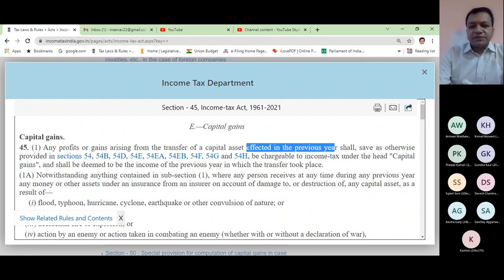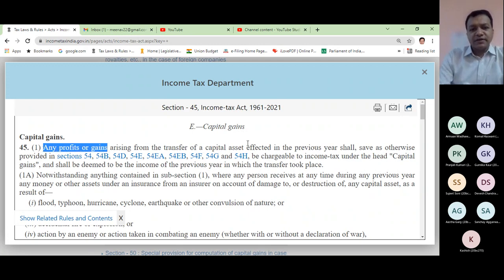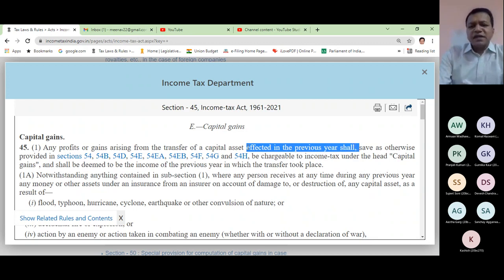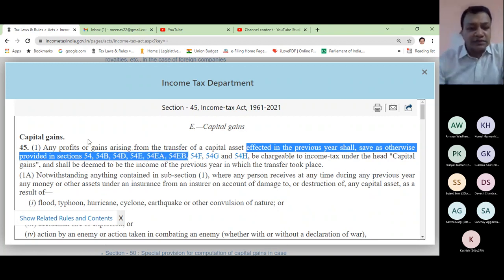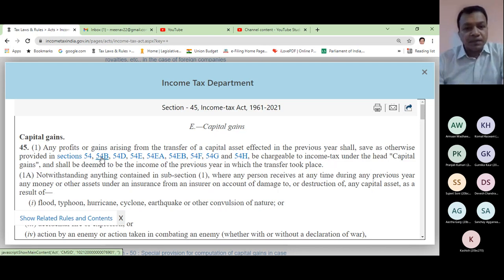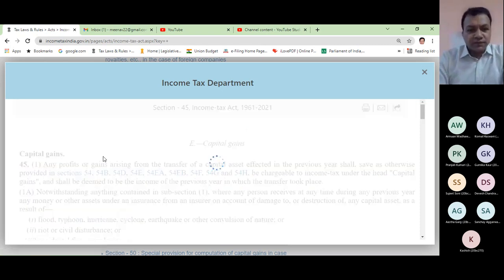Now, affected in the previous year shall. So if you continue this word, any profits or gains affected in the previous year shall, save as otherwise provided in sections 54, 54B, D, E, EA, EB, F, G, H. Now you can see here, you can see 54B, but when I was showing you those sequence, 54B was missing. So in reality, 54B exists. Let us click this 54B.